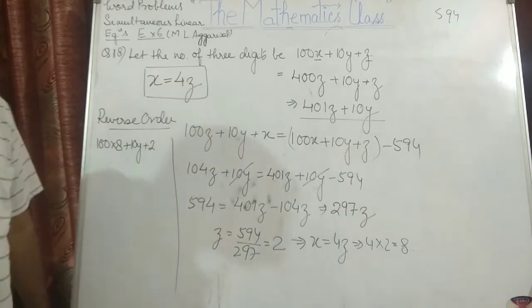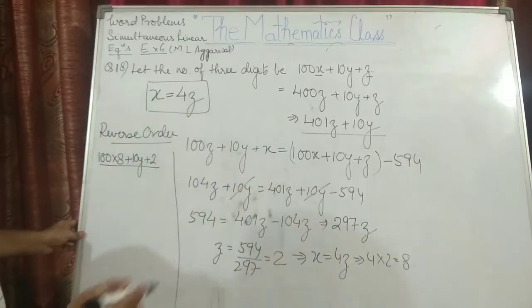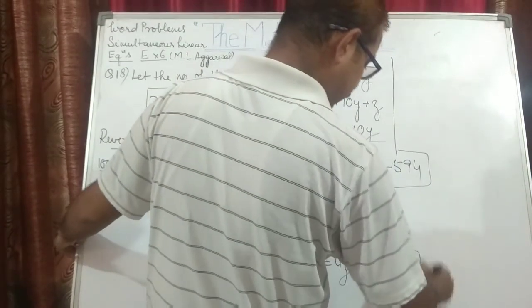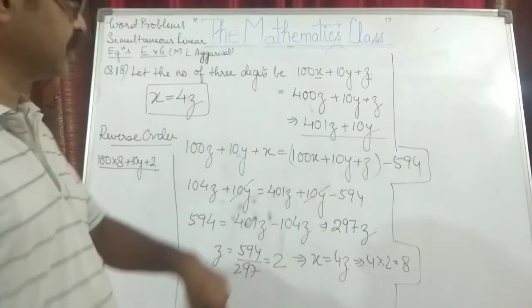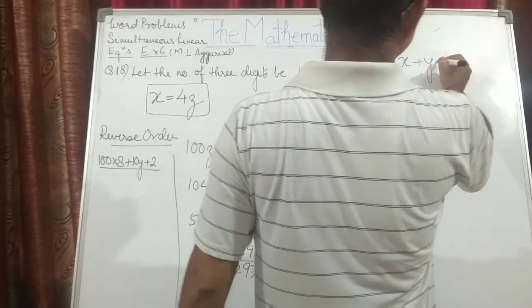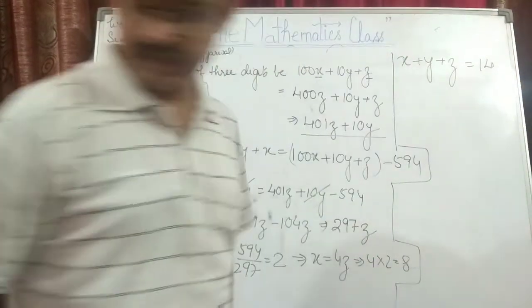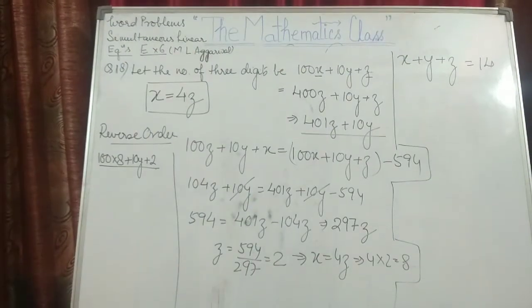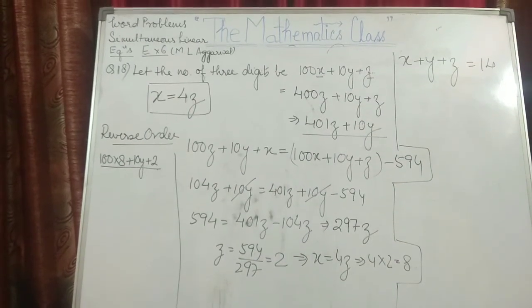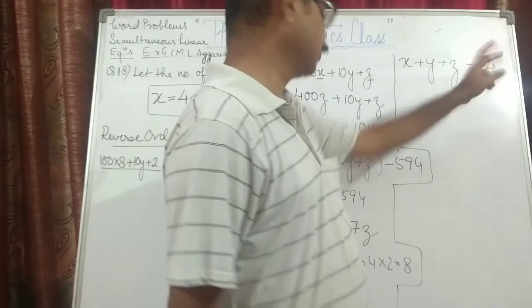Now there was one more statement given that we missed reading out. They say that the sum of the digits is 14. It means x plus y plus z is equal to 14.